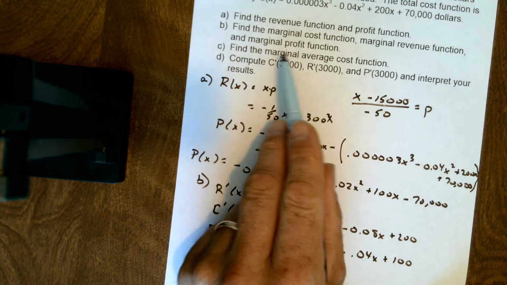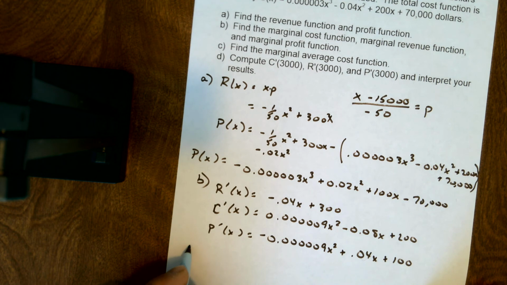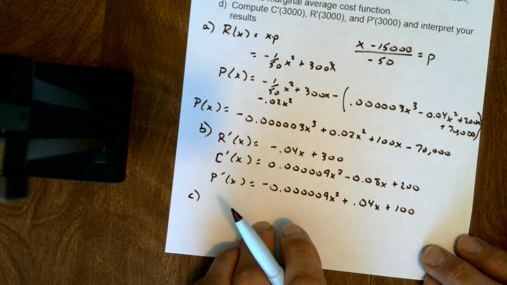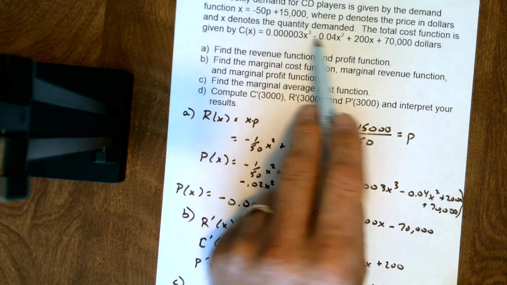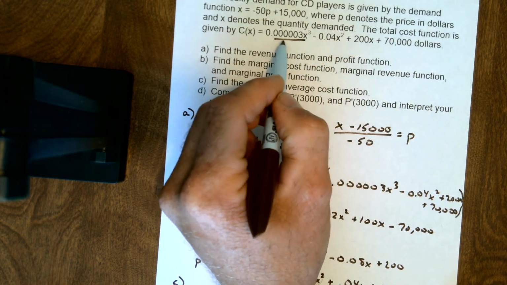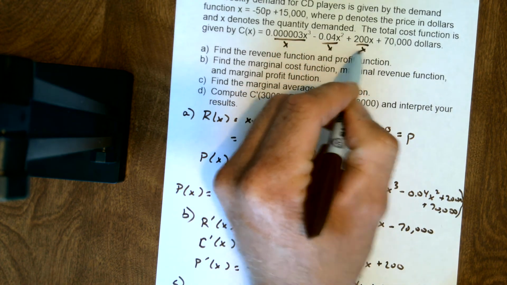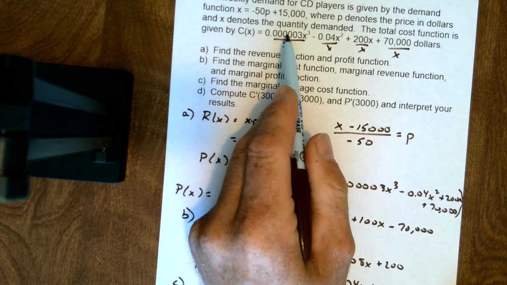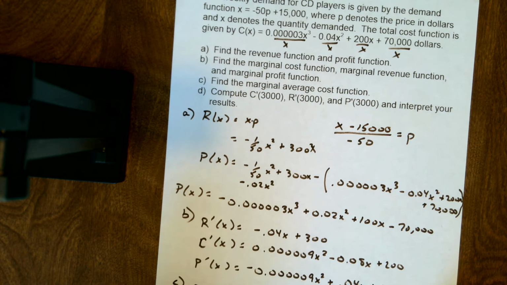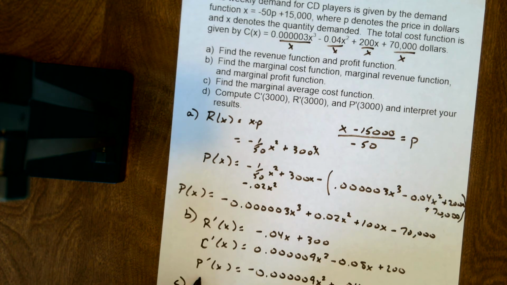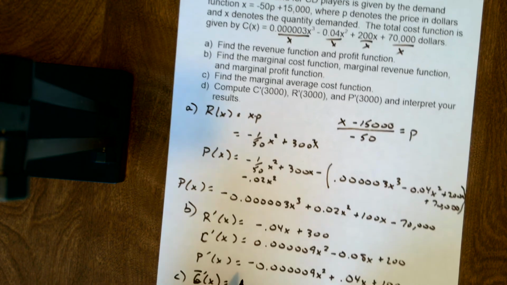Part C says find the marginal average cost. So part C, we're going to take the cost function and divide it by x and then find the derivative. So I'm going to come up here and divide all these by x. So this gives us x squared, so we're going to multiply the 2 to the 3 there. So this is going to be our average cost derivative.